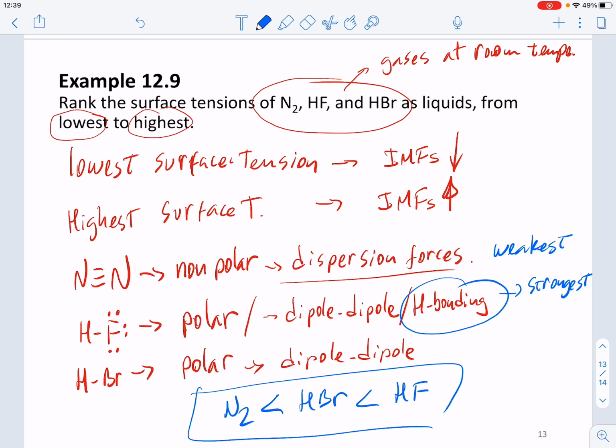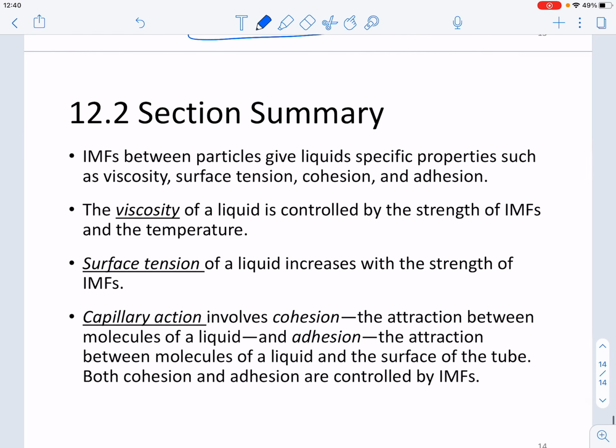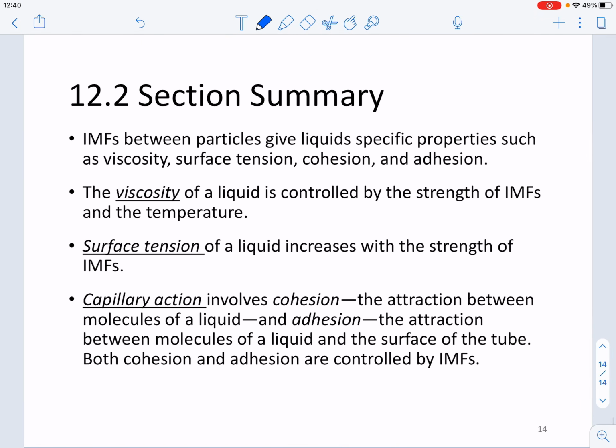So liquid nitrogen will have the smallest or the lowest surface tension, and hydrogen fluoride liquid will have the highest surface tension. Okay? In summary, remember, these properties of liquid have their origin in the intermolecular forces.